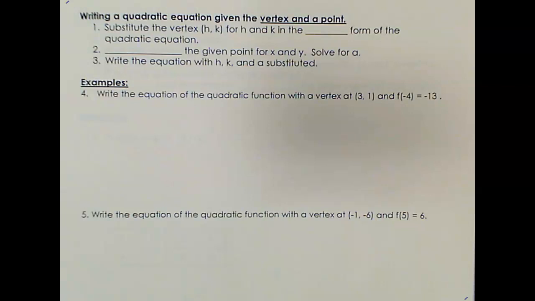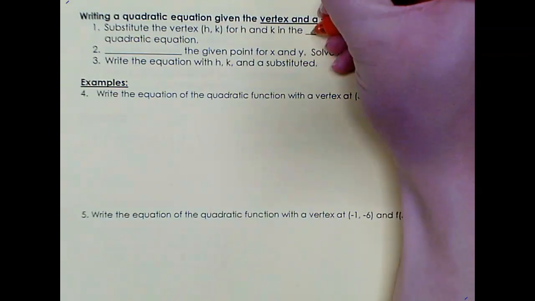Let's say you're trying to write a quadratic equation if you're given a vertex and a point. So not the roots and a point, but a vertex and the point. Whenever we had roots, we went ahead and substituted those roots into root form. Well, here, if we're given the vertex, what do you think we're going to substitute the vertex into? We're going to put h and k into vertex form.